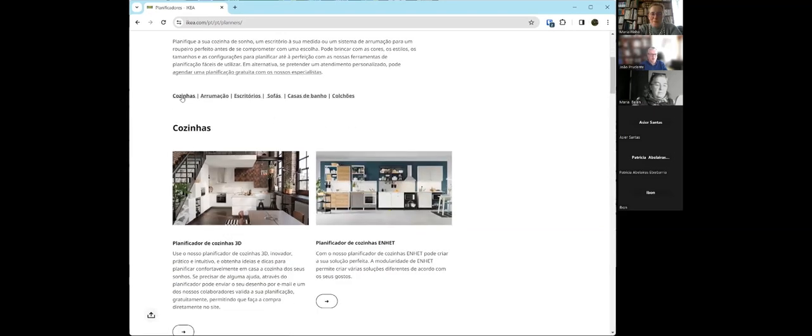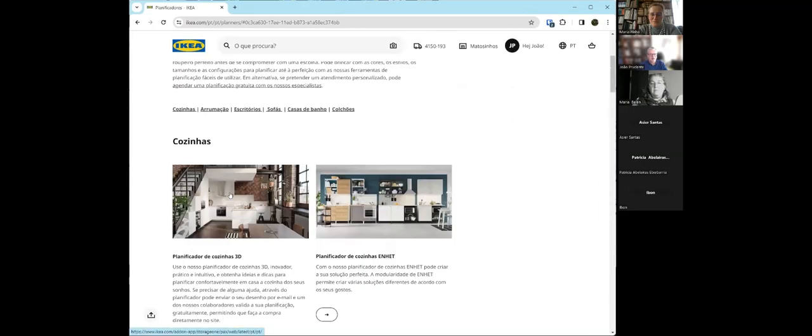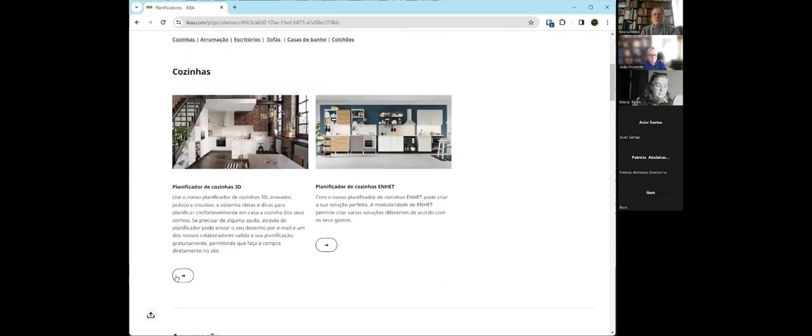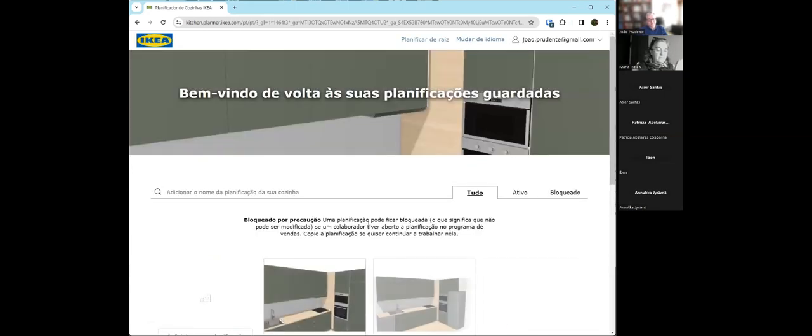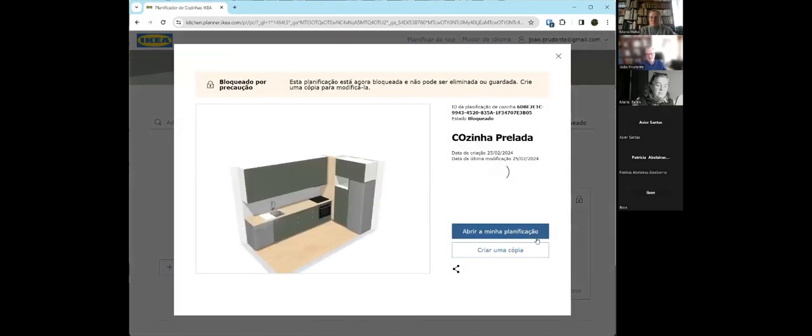They have several plans. Okay, just a second. You can see that I'm designing the kitchen. I started with the low cost version, let's say. I managed to make a copy. The low cost version was the most complicated because I needed to design the space.